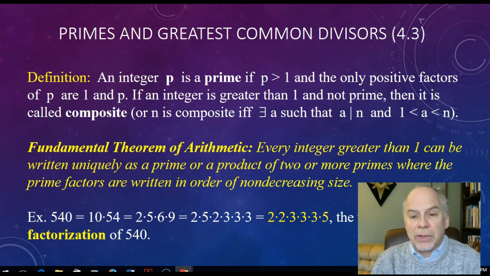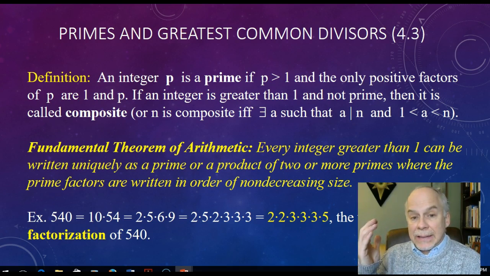So if an integer is greater than 1 and is not prime, then it is called composite. Or n is composite if and only if there exists an a such that a divides n and a is in between 1 and n. So, for example, the number 12.